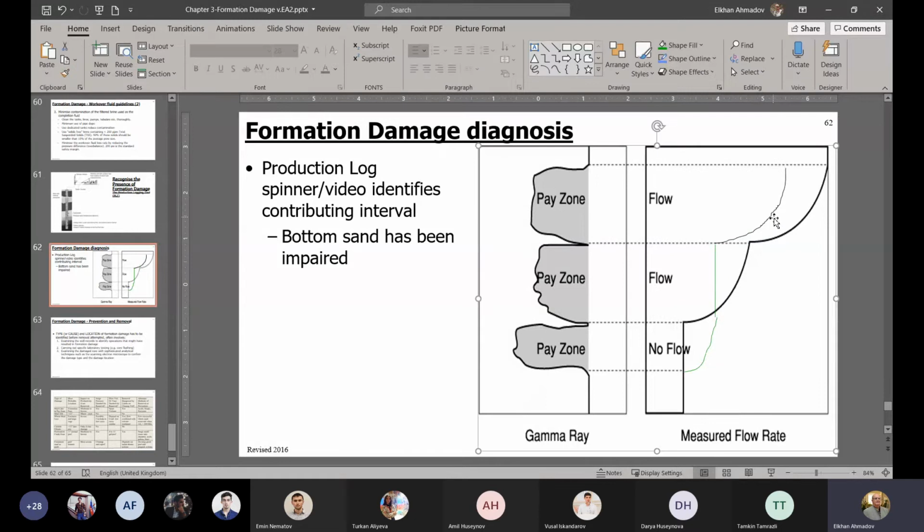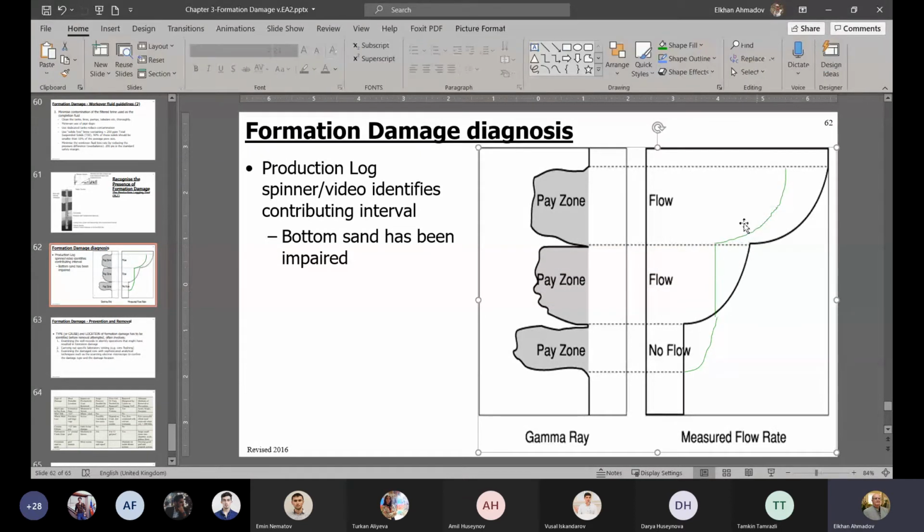We have a flow from this zone, and then no flow from this zone, and then again flow from this zone. Schematically, it would look like this.